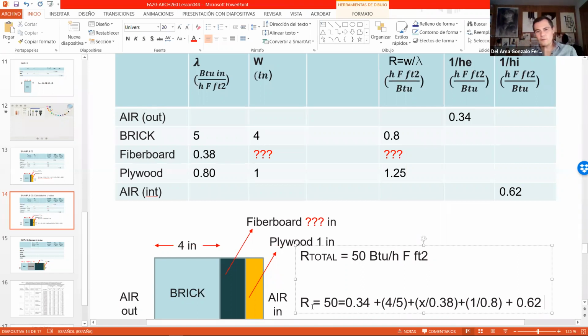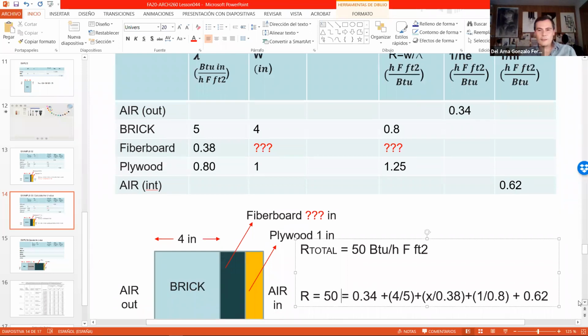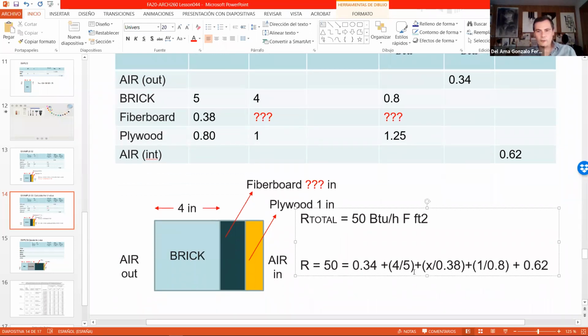So that equals 50. Okay, so this is the problem that we have to solve now.